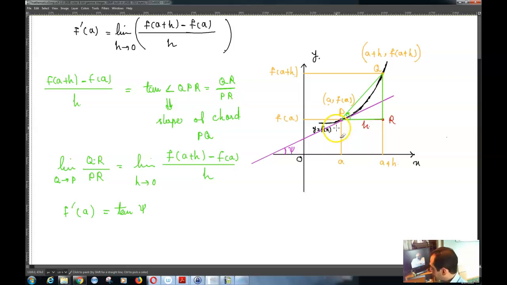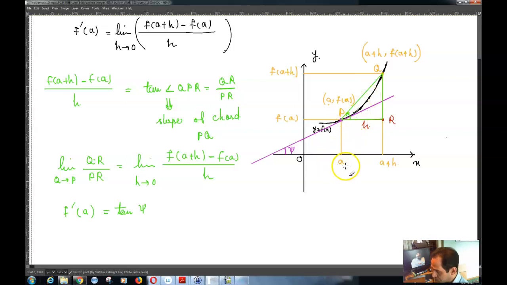Now for a given function f, we can find the derivative at every point. Of course, with the same kind of process, we can find the derivative of the function at any point. So it seems that we have no problem doing that. And if the derivative does exist at every point, then it defines a new function called the derivative of f of x. So suppose that for every input over here, which is some a, you will get some output over here.